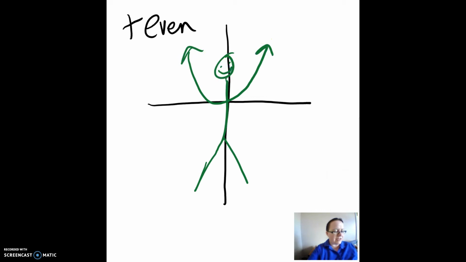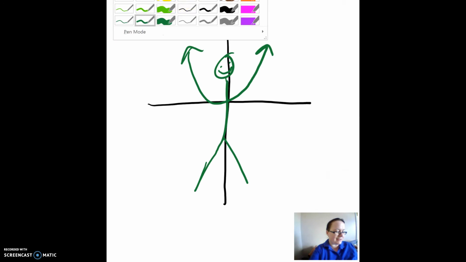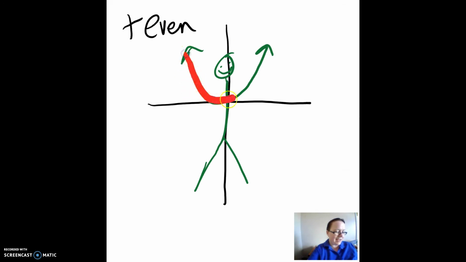We are evenly positive or happy, because see how it makes a really nice smile? Yay! Happy smile. Positive even polynomials start coming down from over here, and they end going up over there, okay? So that's your step 1.